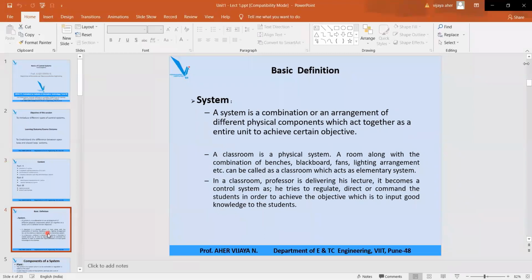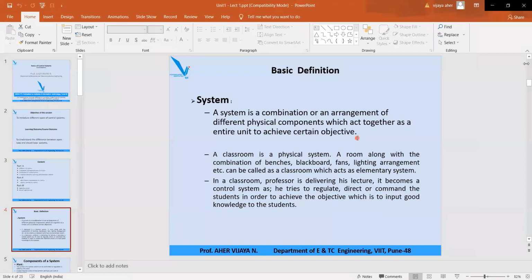The proper definition of system is: a system is a combination or an arrangement of different physical components or elements which act together as an entire unit to achieve a certain objective. This is nothing but your system, the definition of system.